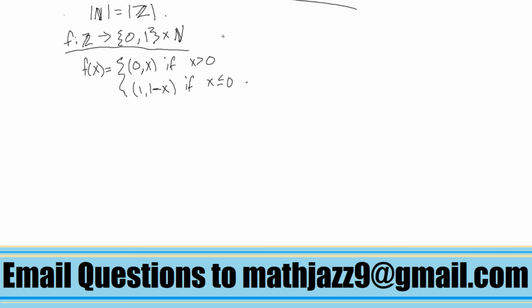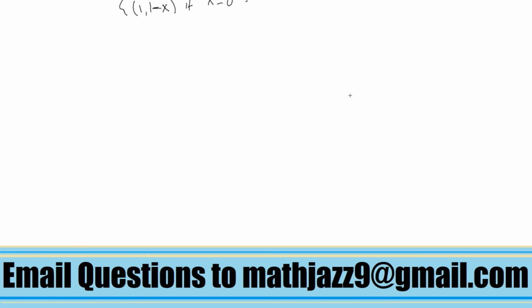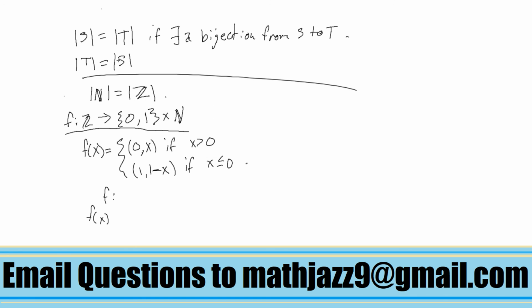I'm saying that this is the same proof because we can cook up something very similar to get N and Z being the same cardinality. It'll go like so. So we'll have f of x. Do we want it to go from Z to N or N to Z? We can do it either direction.